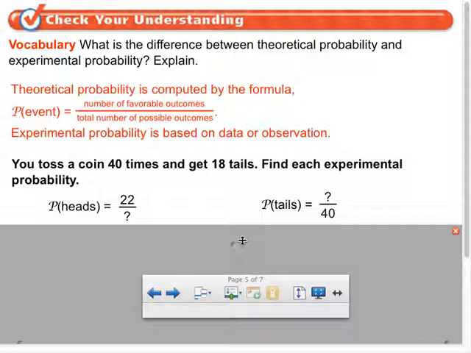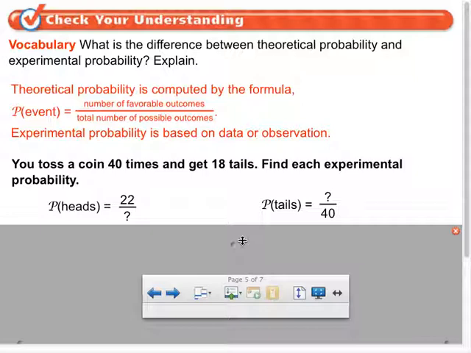Can somebody complete the first fraction? Karis, can you complete that first fraction? Do you know which one's the number of trials? Jeremy, can you help her out? 40.